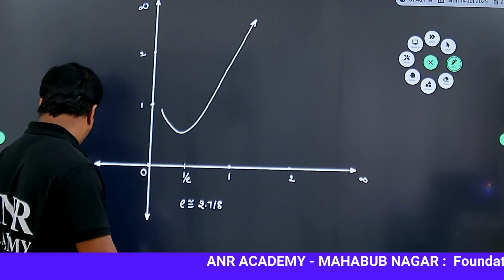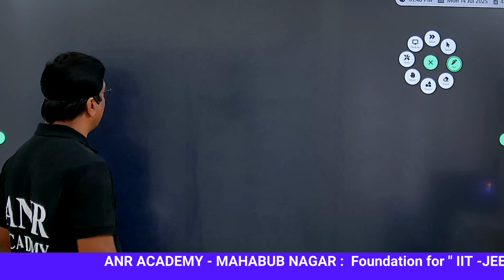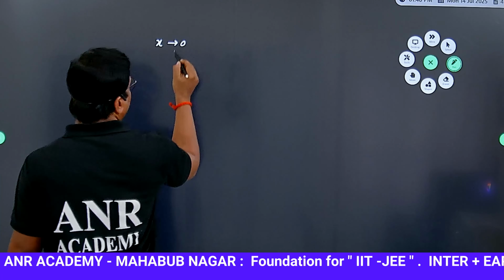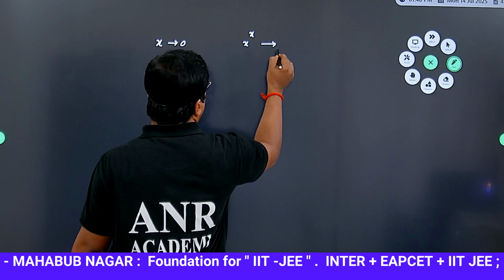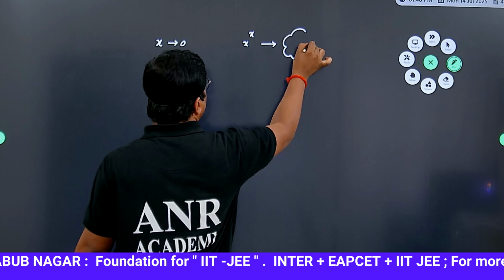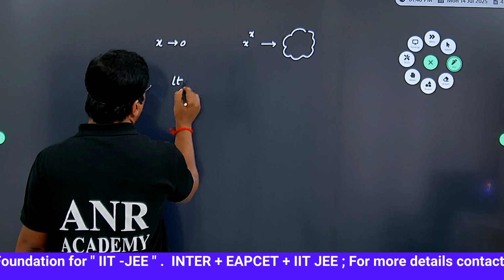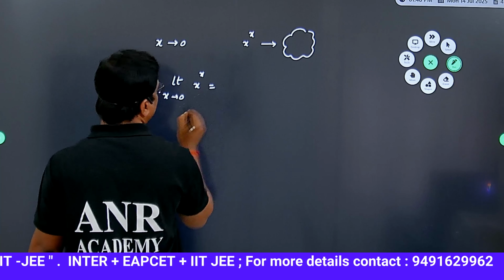Observe the figure. Suppose x tends to 0, then what does x power x approach? Let us discuss this. You need to calculate the limit as x tends to 0 of x power x.